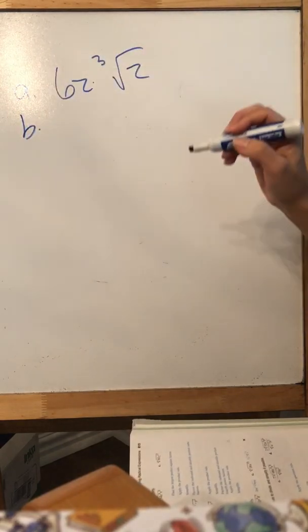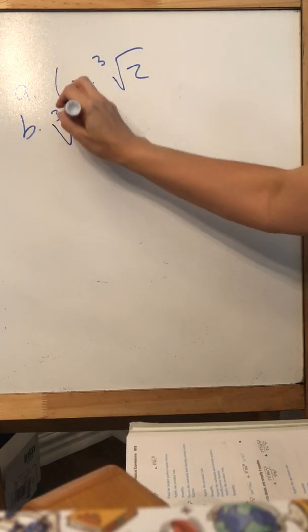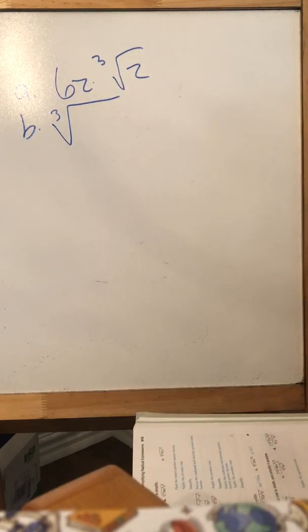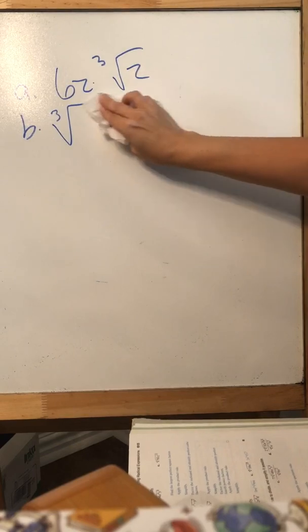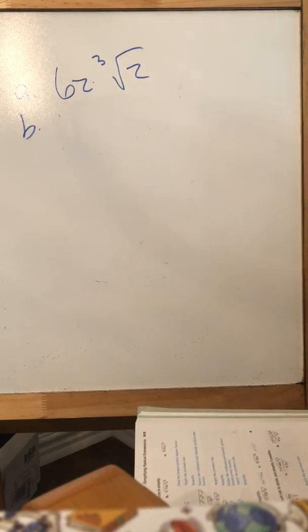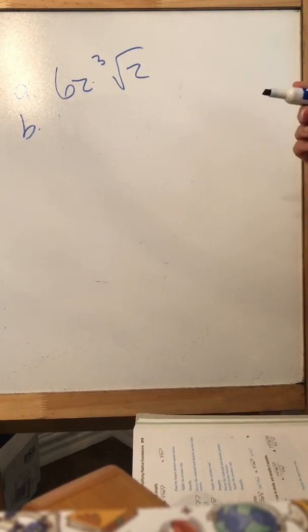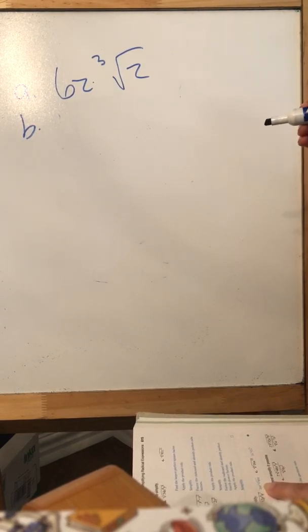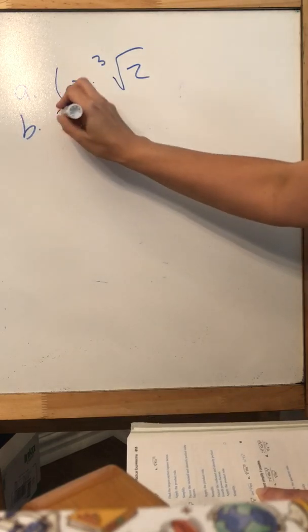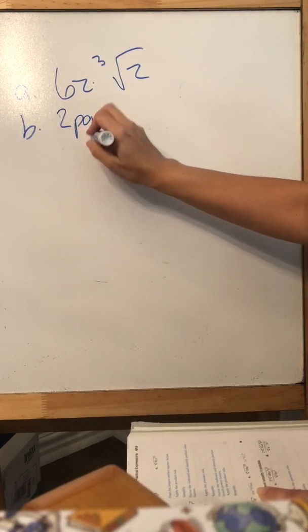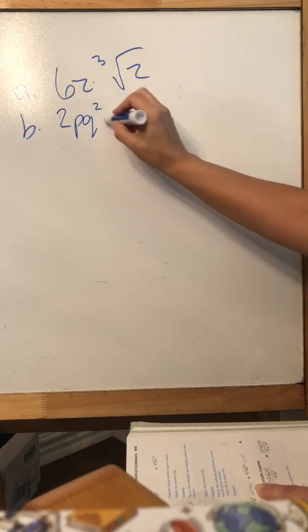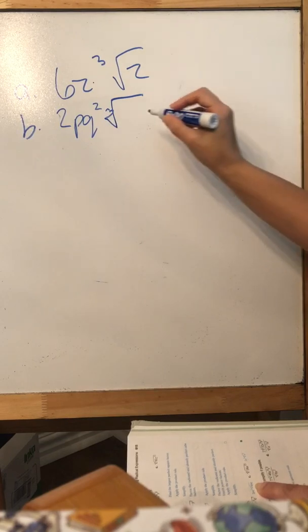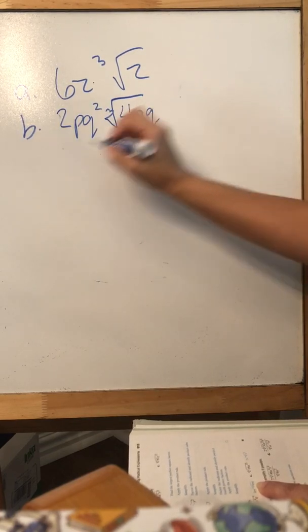All right, B, you should have gotten 2pq squared times the cube root of 4pq.